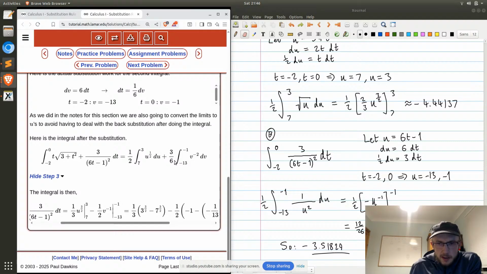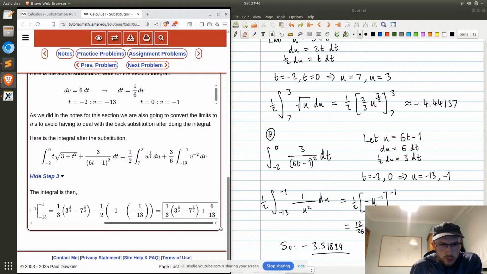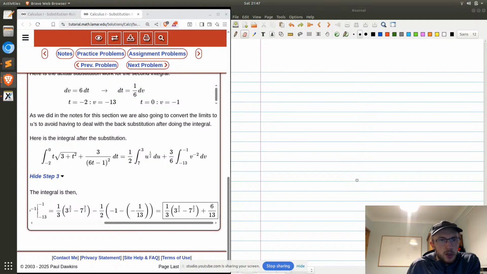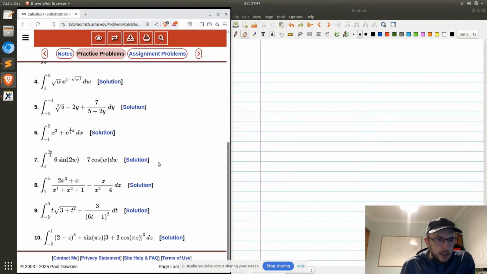I get minus 6/13. But doesn't that have to be taken away? Right, and so it's plus 6/13. So I still don't understand how it's not the right answer. All the pieces match up on the end. So, sorry, that one sort of baffles me a bit.